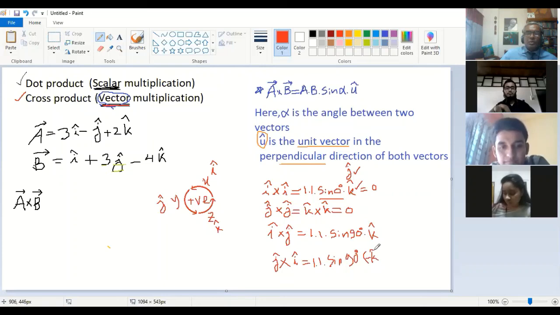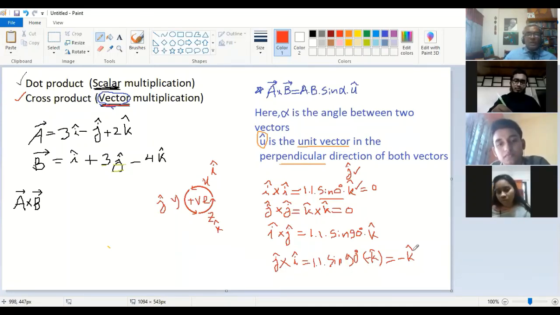So i cross j is plus k, and j cross i is minus k.